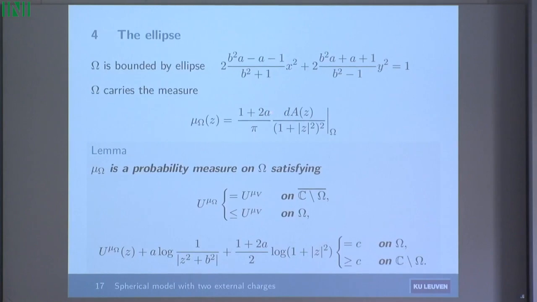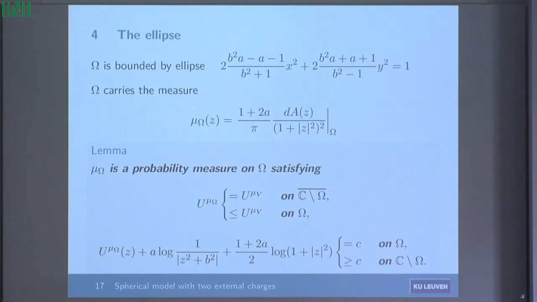The capital A now denotes the area measure on the plane, but modified with this spherical metric, 1 plus mod z squared, squared, and a pi. That's the projection of the Lebesgue measure, pushed forward to the complex plane. Now we restrict this to this ellipse omega, with a normalization 1 plus 2a.